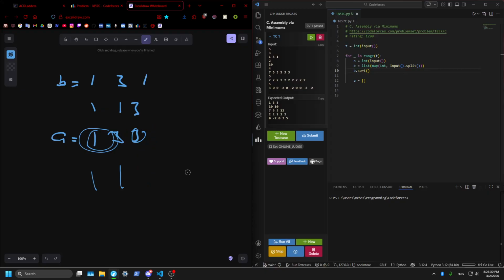Okay. So to get a number that isn't the smallest number, you need to have at least two of them. So to get 1, we can have 1 and any number greater than 1, so we must have a 1.